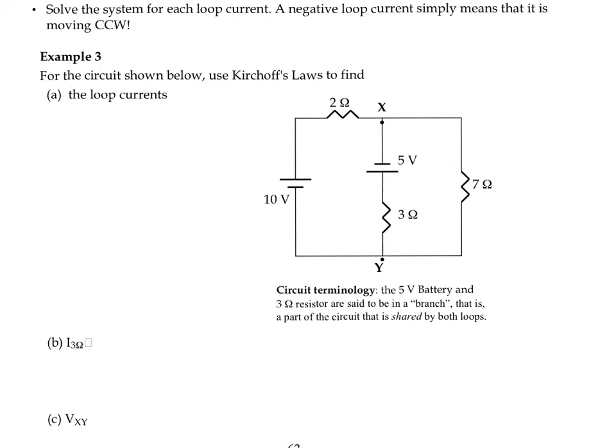We'll pick one point to start at, and I'm going to start at this lower left hand corner here. Then if we go around the loop, I'll do this in a clockwise direction, so that my definition of I1 going around here will be clockwise going around like that.